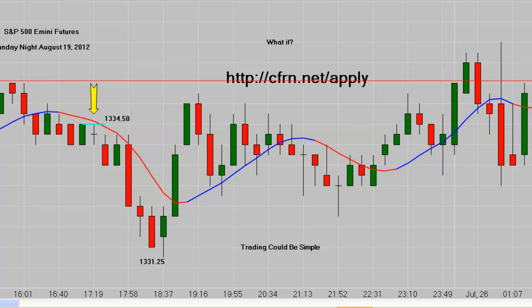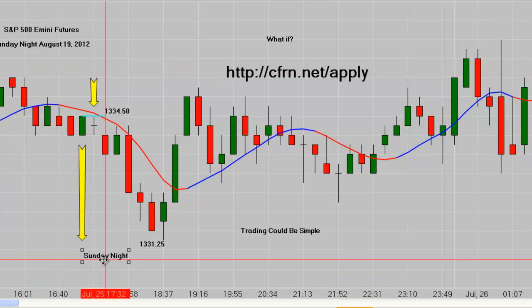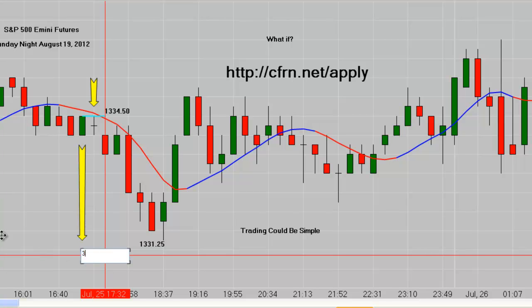So this move down was good for 3¼ points. 1 point in the S&P 500 E-mini futures is worth $50. And so that moves stem to stern, one contract, $162.50.